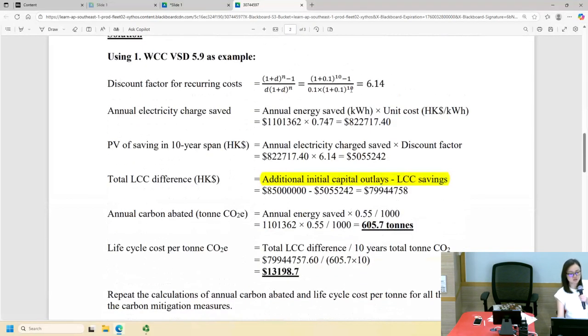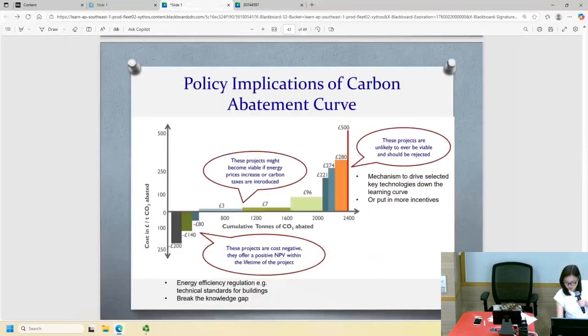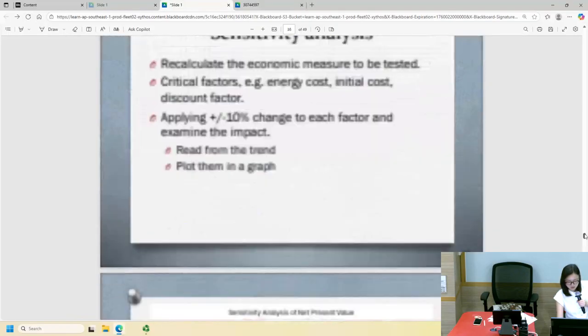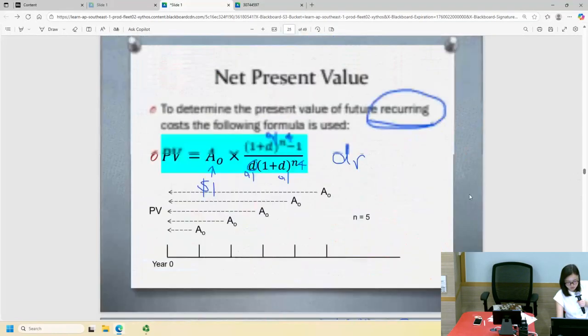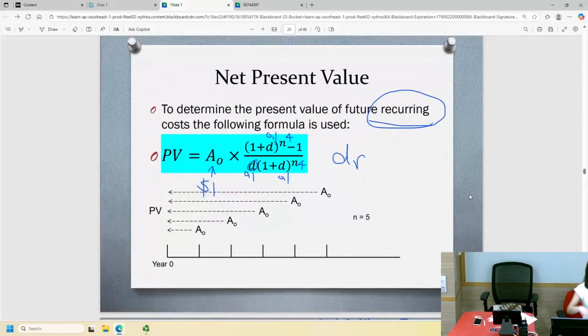So first of all, let's calculate the recurring discount factor. This equation would be the equation highlighted in light blue. This one. The energy saving will happen every year in the coming 10 years, so they are recurring savings.